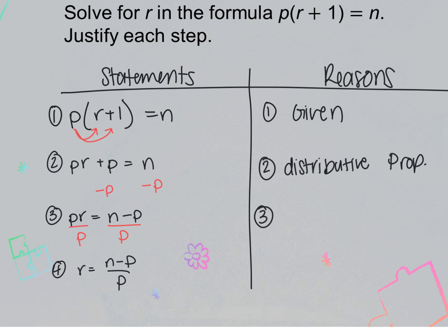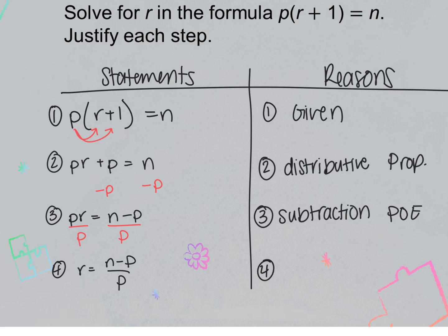All right, now looking at 3. Now, Kamala, how am I getting from 2 to 3? Subtraction what? Of equality. Good. Subtraction property of equality.